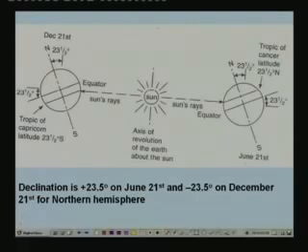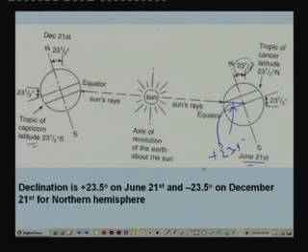For example, take just summer solstice and winter solstice, that is June 21st and December 21st. This is the equatorial plane of the earth, and since this angle is tilted at 23.5, the declination is nothing but this angle, so this is also 23.5 degrees. By convention we take this as plus 23.5 degrees.